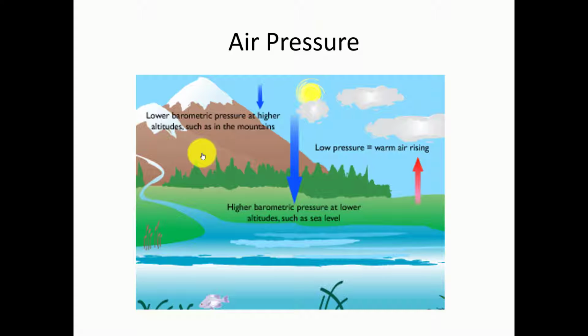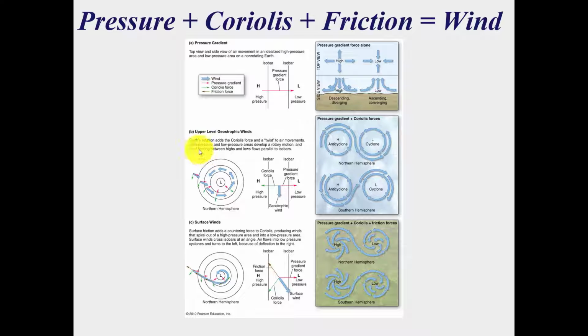If you've ever heard the saying that the air is thinner up there, or maybe you have visited or lived in the mountains and you can feel that the air is different, that's because not only is there a temperature difference, but there's a lower barometric pressure. Because of low pressure, we have warm air that is allowed to rise.